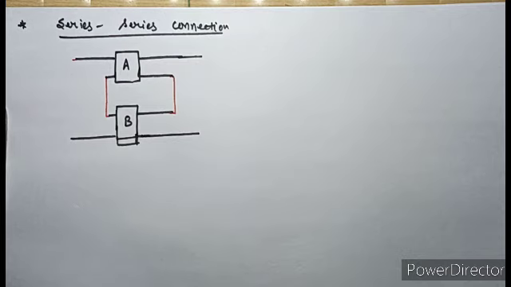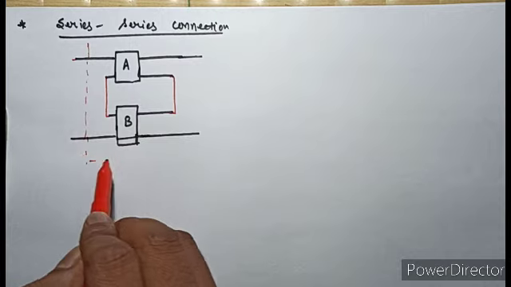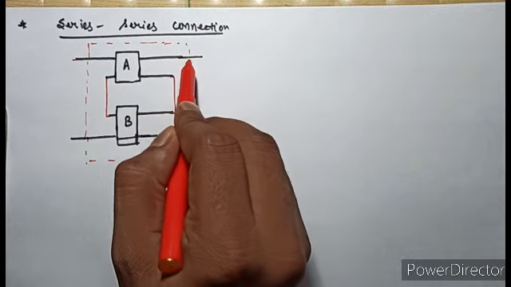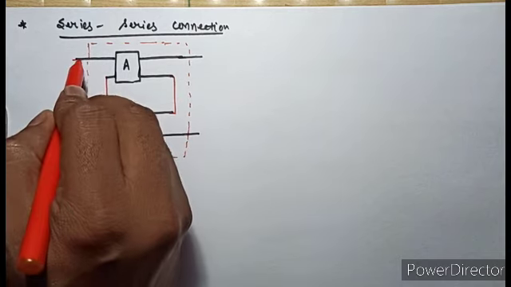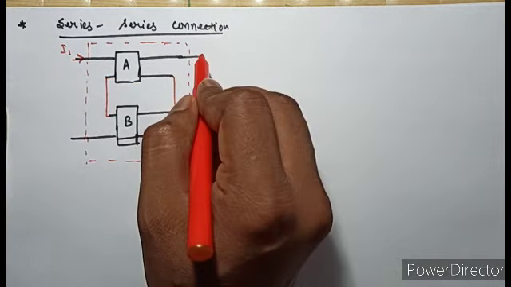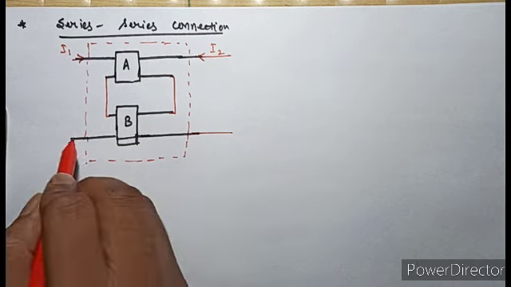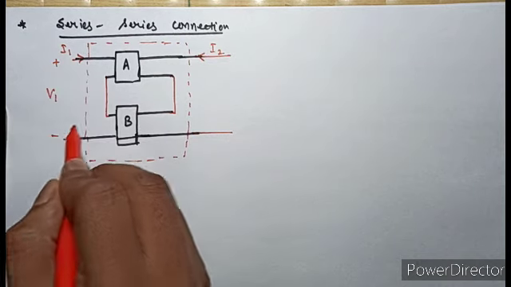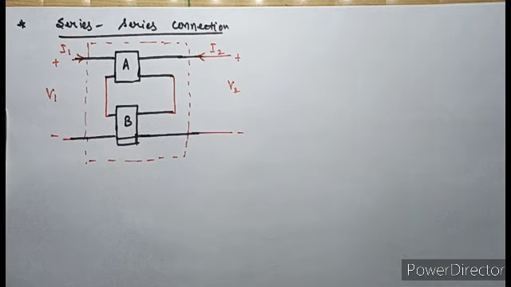And this is our resultant two-port network. This is our port current I1, this is our port current I2, this is our port voltage V1, this is our port voltage V2, right?